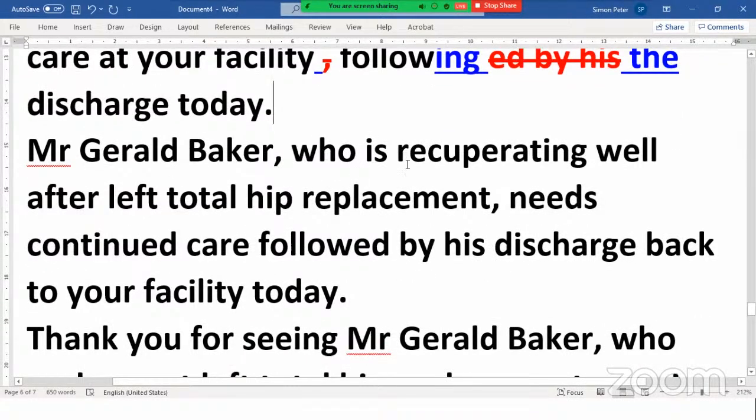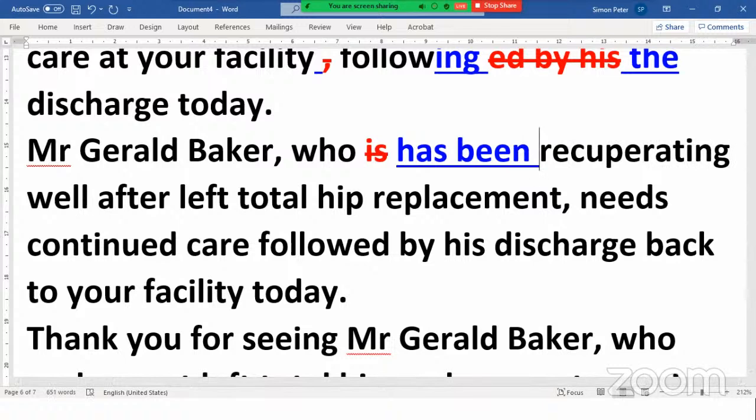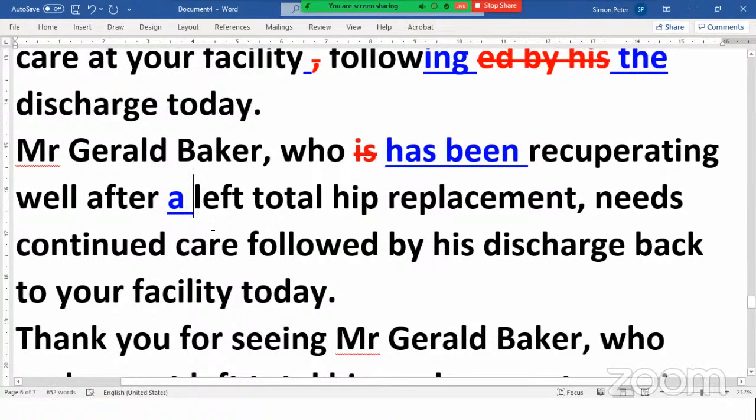Mr. Gerald Baker, who is recuperating well. Who has been, okay, is means only now, has been means for some time. Mr. Gerald Baker, who has been recuperating well after a left total hip replacement, needs continued care.